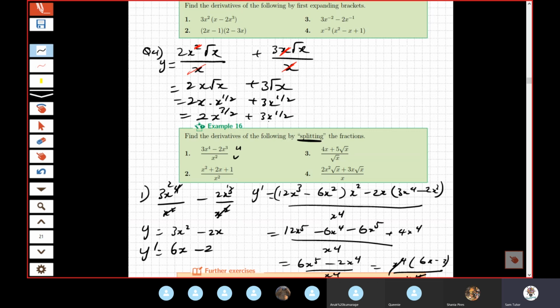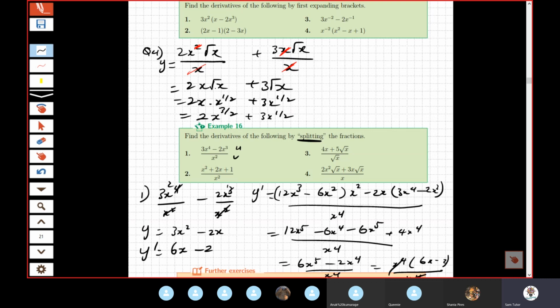And can you see that's a lot easier to differentiate than it was to bring in the product rule? And the only way you're going to get used to knowing to do that is through a lot more practice. That usually takes about 2 to 3 weeks of calculus practice to realize these special cases, like this one here and the splitting the fractions cases. But yeah, product rule, at least you got the right answer.